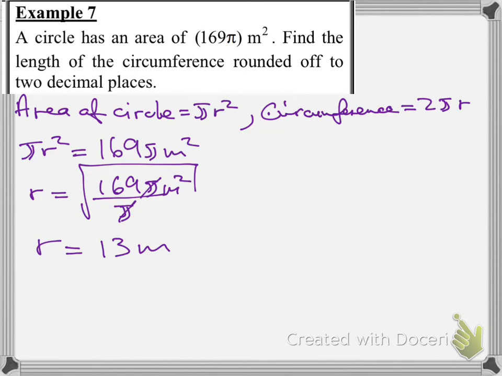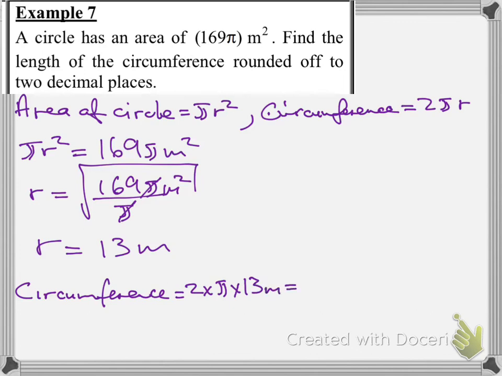So the circumference of the circle will be equal to 2 times pi times 13 meters, which is the radius.